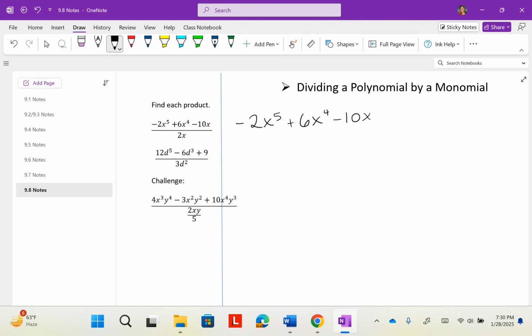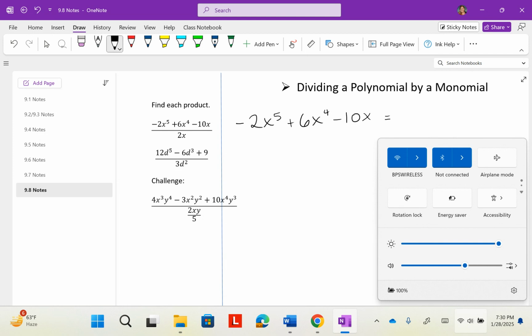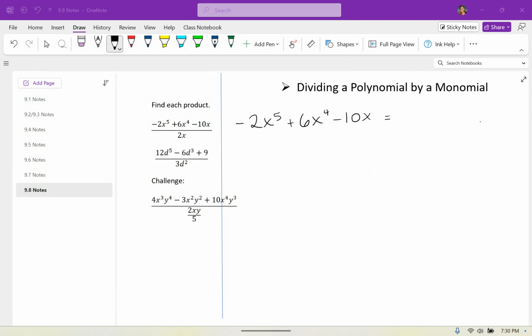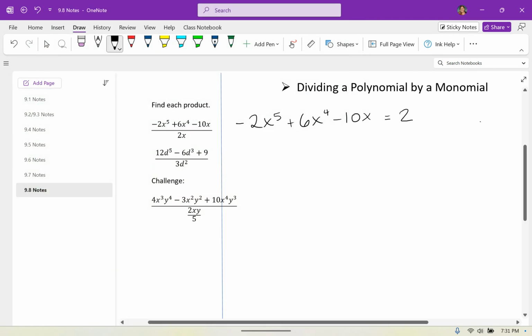Okay, so if I'm factoring this, I'm looking for something that can go into all of these numbers, right? 2, 6, and 10. So 2 can go into 2, 6, and 10. All right, and then since all of these have at least one x, I'm also going to factor out an x and write what's left.